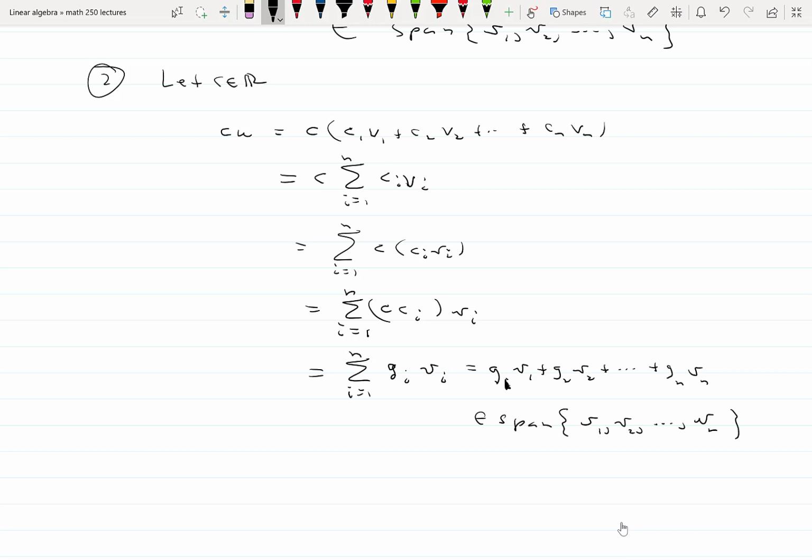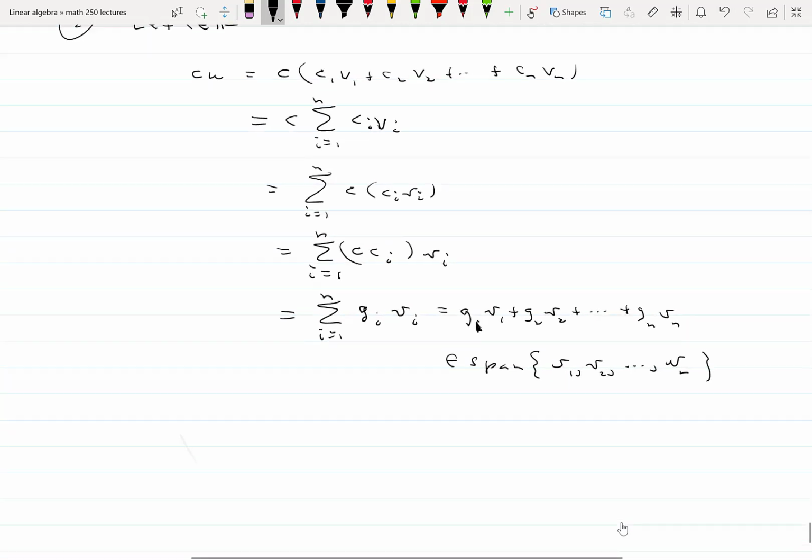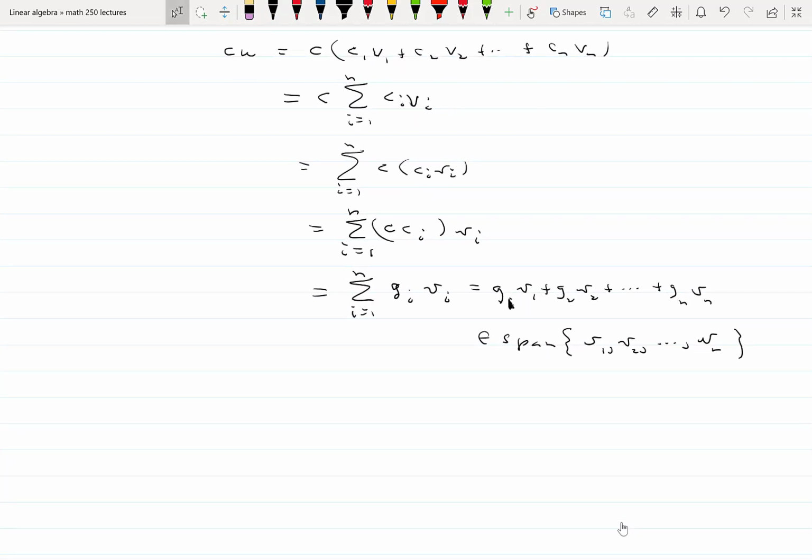So I've shown that I have closure under addition and scalar multiplication. Done. QED. So the span of a set of a few vectors from a vector space forms another vector space, forms a subspace of the vector space.